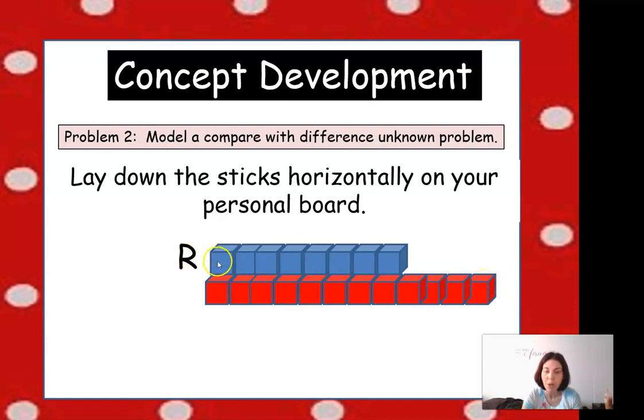This represents Rosie. She did 8 letters, so there's 8 here. And this one represents Nicole, and she wrote 12 letters. So this is another way that you can look and see the difference in the number of letters that they wrote.